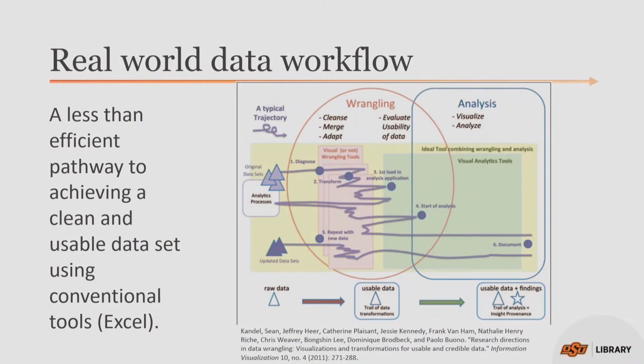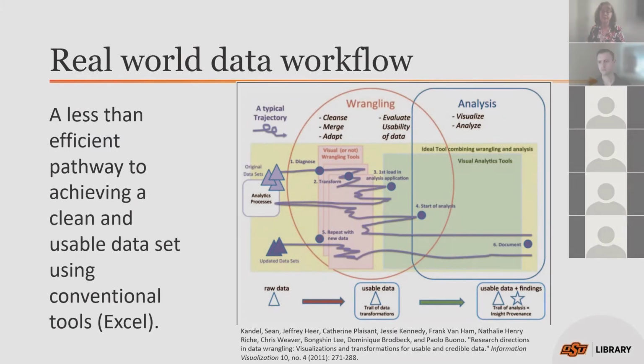And then you have to go through a rather messy and time-consuming process of back and forth, trying to get it cleaned up, turned into the format that you need, evaluate it that way, go back and start over when that doesn't work. So as the picture here depicts, it's not exactly a linear process.